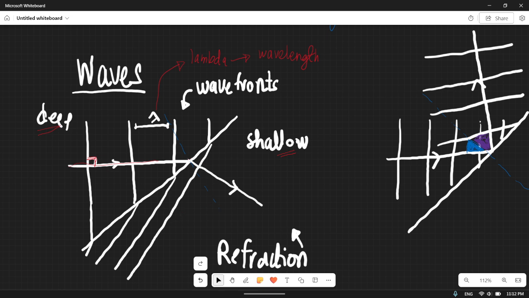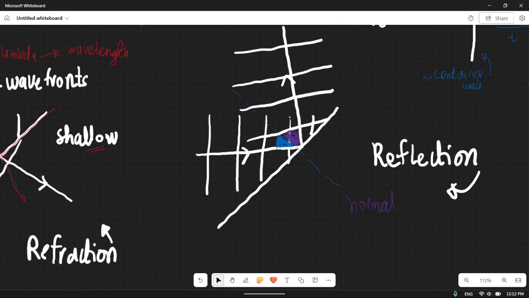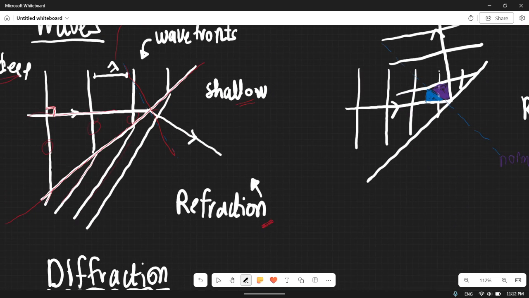Now we know that the normal is always going to be 90 degrees or perpendicular to the surface. Now the surface is this time. So if this is the surface, then the normal will of course have to be like this. So if the wavefront has now tilted, that means that these ones are also going to twist. So that's why we draw them like this. Now that is refraction, okay?